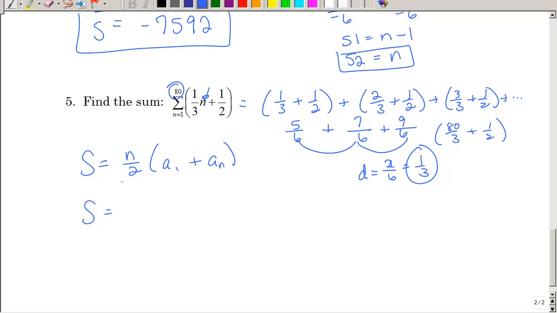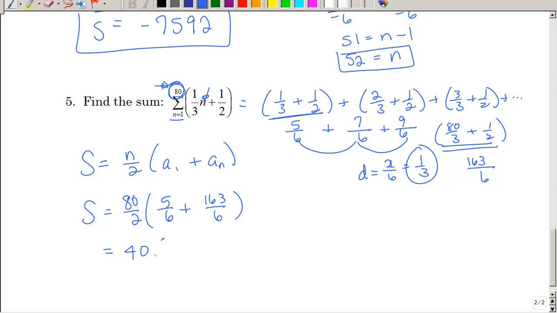So n tells me how many things I want to add up. Well, if I start from 1 and I go to 80, how many is that? That's 80. And since I wrote it out, that's my first term, so that's 5/6. And then my last term would be that. So let's see, if I found a common denominator, that's 163/6.